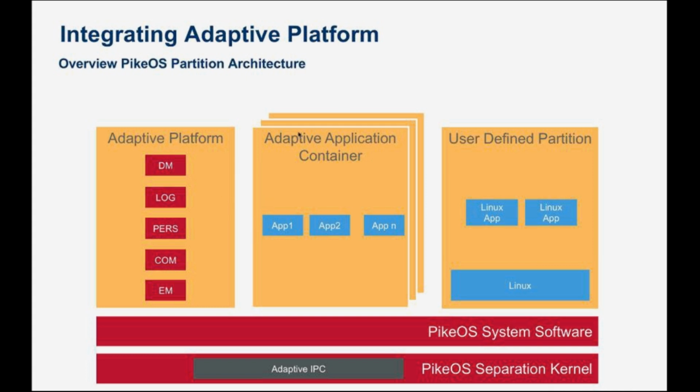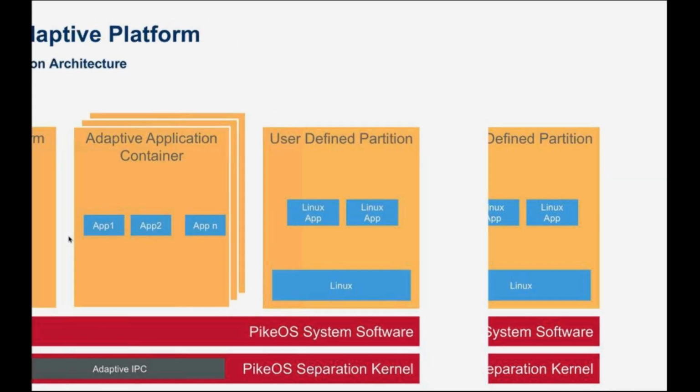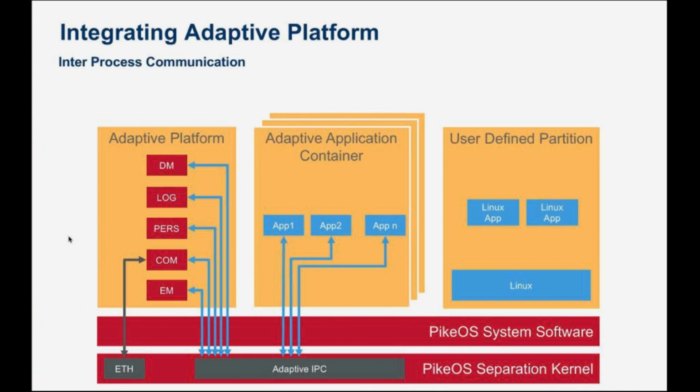Now that we have separated everything, we also have to take care of the communication between different parts of the system. Here we apply a specific kernel module, a kernel driver that provides the adaptive platform with an IPC service, so that the Adaptive AUTOSAR applications can talk to the relevant services on the adaptive platform.